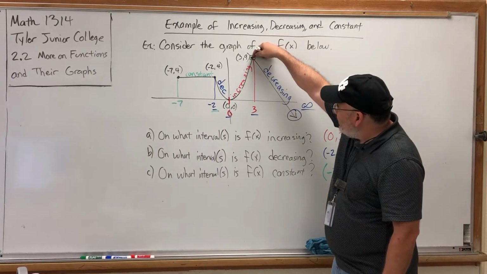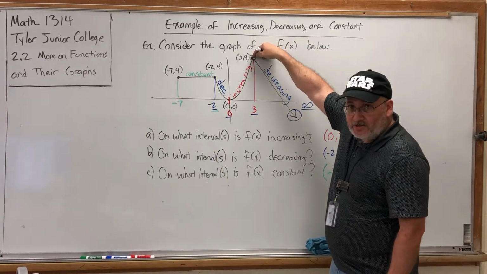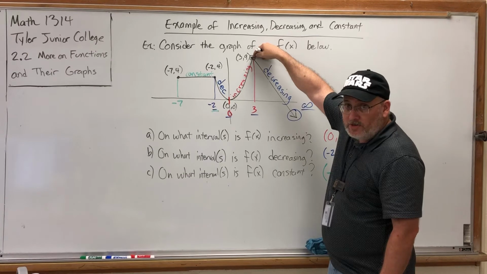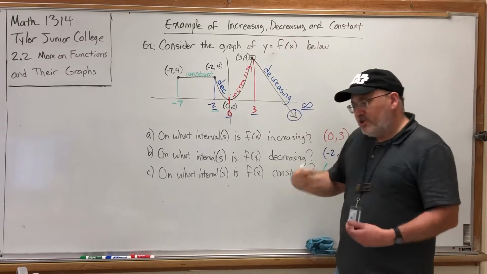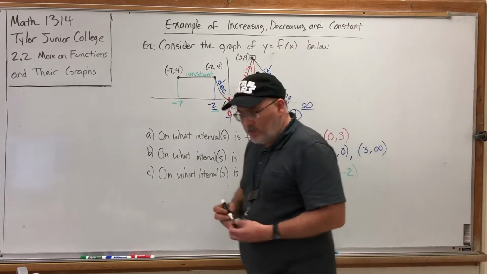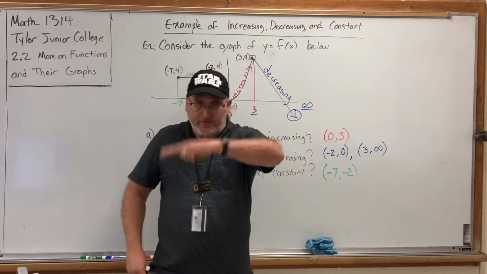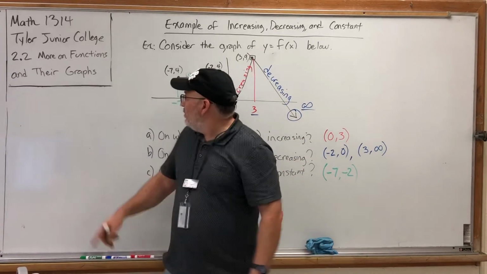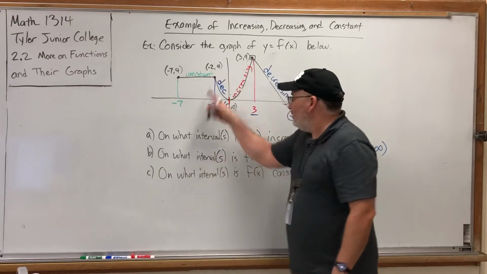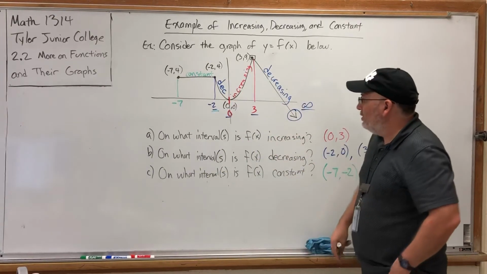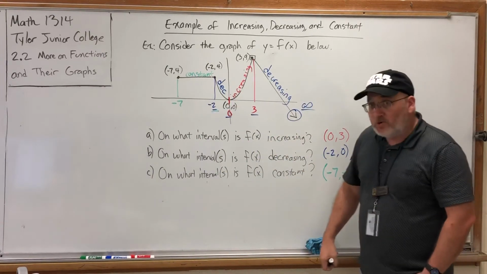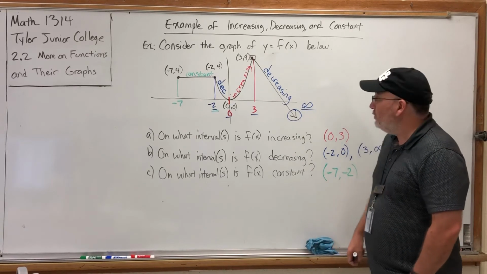Either you're both increasing and decreasing simultaneously, or you're doing neither. The generally accepted convention is when you are transitioning from decreasing to increasing, or constant to decreasing, you are doing neither, but you are simply transitioning between the two.